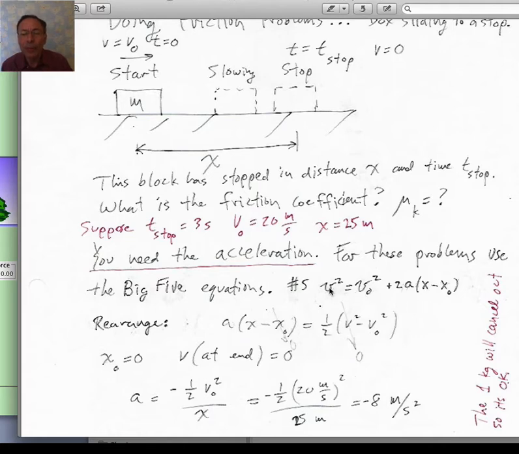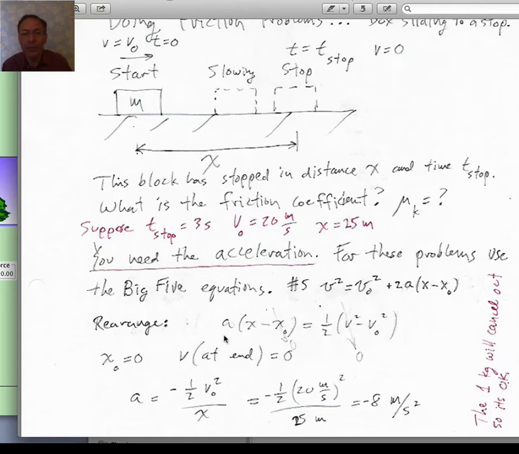So v squared, the final velocity squared, equals the initial velocity squared plus 2 times the acceleration times the distance it took. Okay, we're after the acceleration, so we want to isolate a. So we're going to subtract v0 squared from both sides.